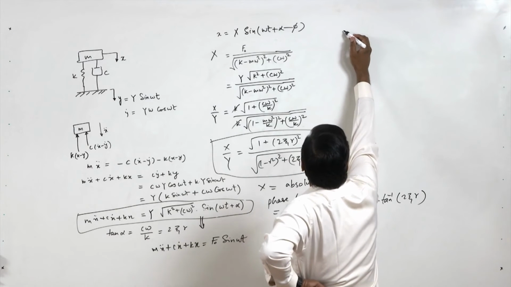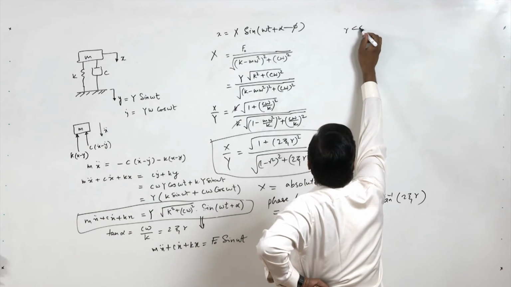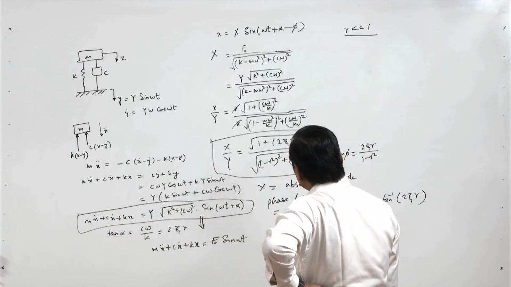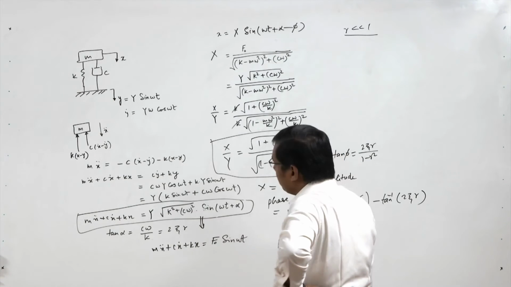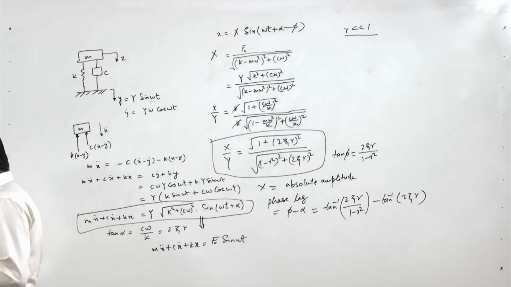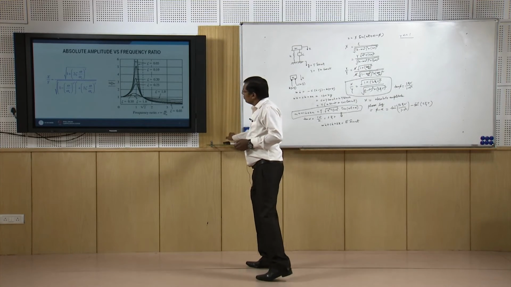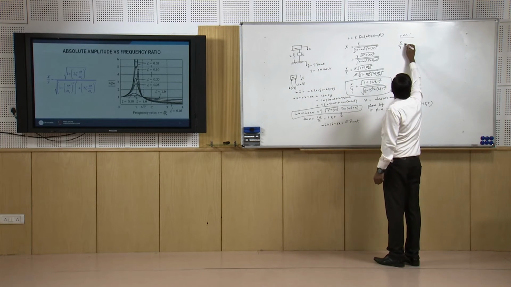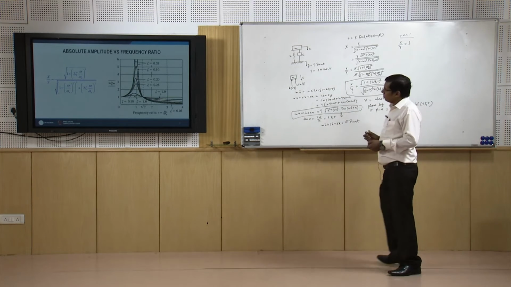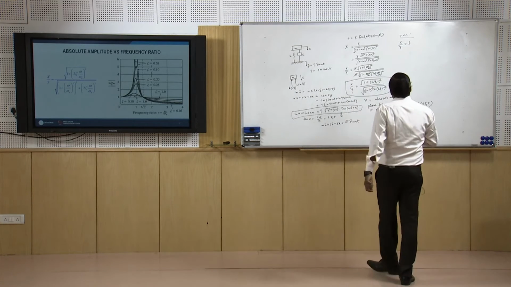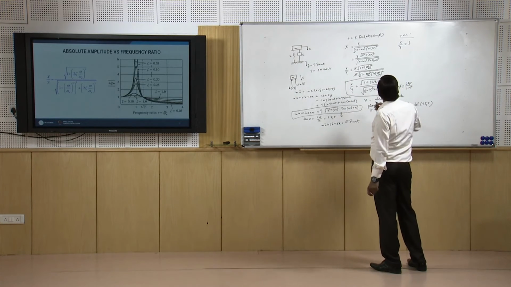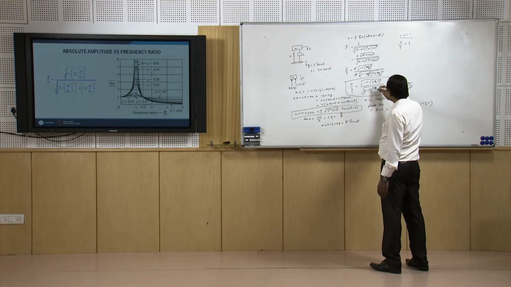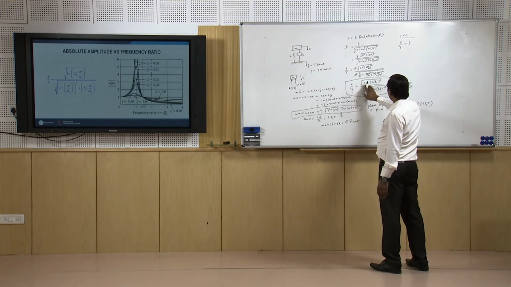Now we take the case when r is much less than 1. So when r is much less than 1, x by y is tending to 1. So x by y equal to 1, or when r equal to 0, so when we put r equal to 0 here, we have x by y equal to 1.